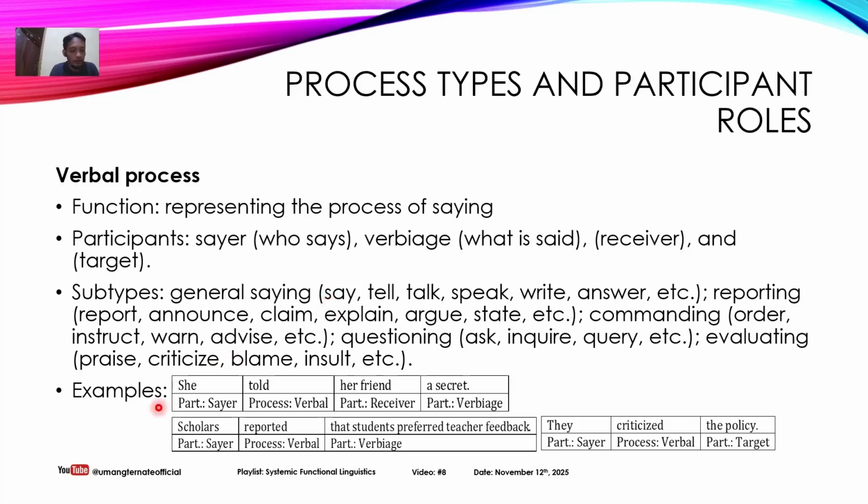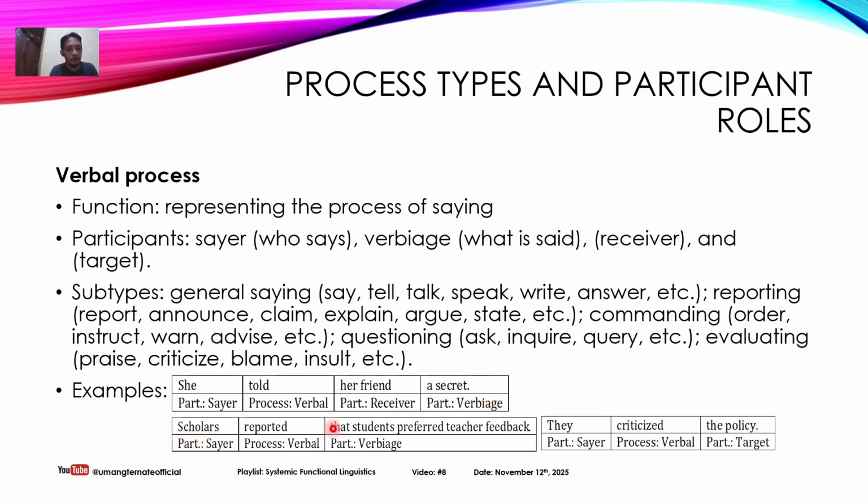Okay, the example here, the first one. She told her friends a secret. Okay? She here is the sayer, told is the verbal process, her friends is the receiver, and a secret is a verbiage. Okay? Verbiage.